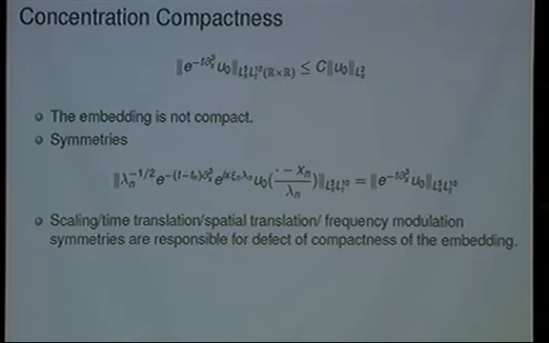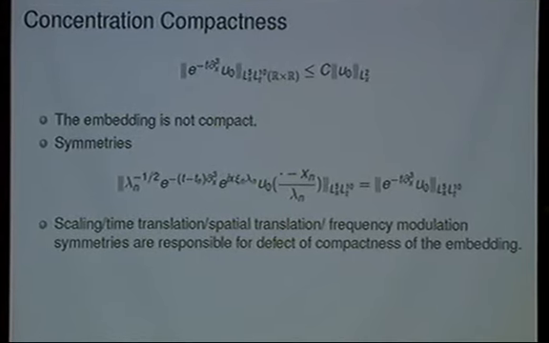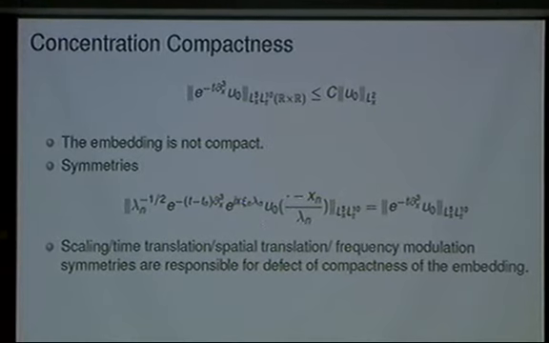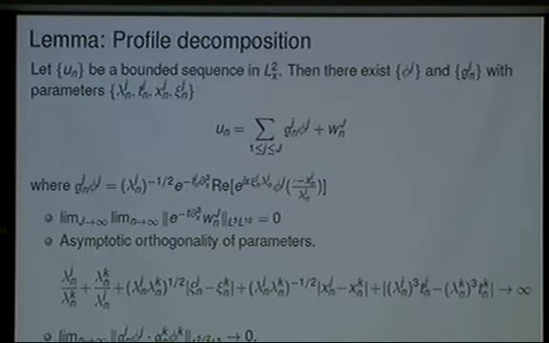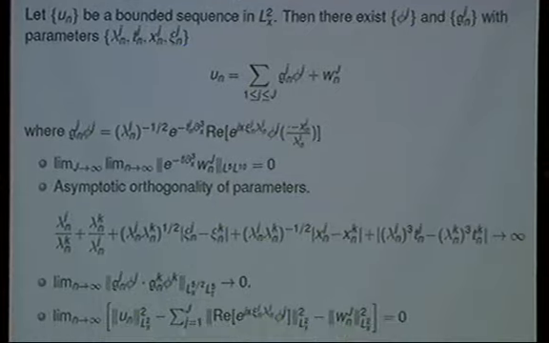Okay? In that case, if we just correct for the symmetry invariance parameters, then we might have some sort of weaker form of the compactness argument. That is written as the profile decomposition.